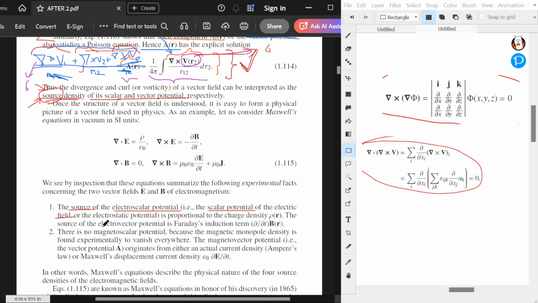The source of the electrovector potential is Faraday's induction. Electroscalar, electrovector.